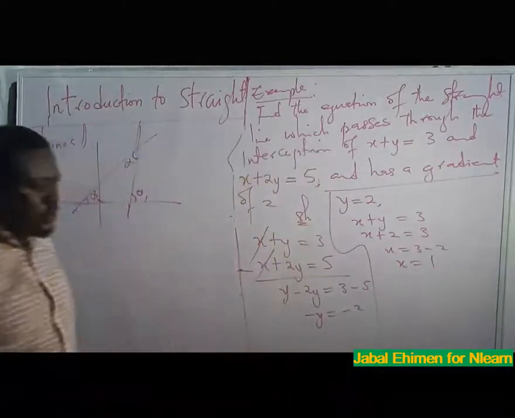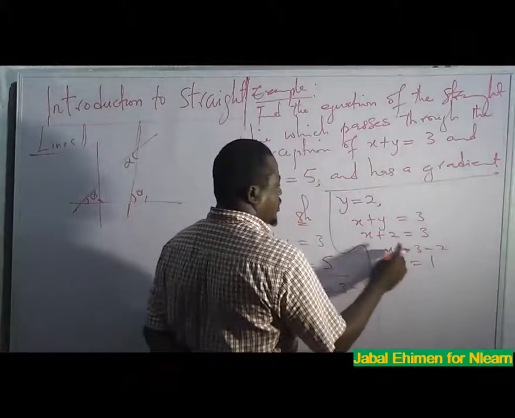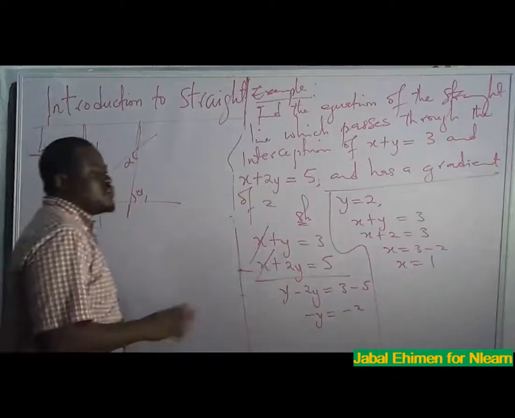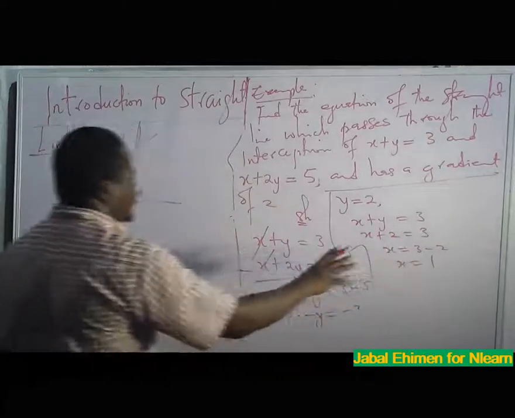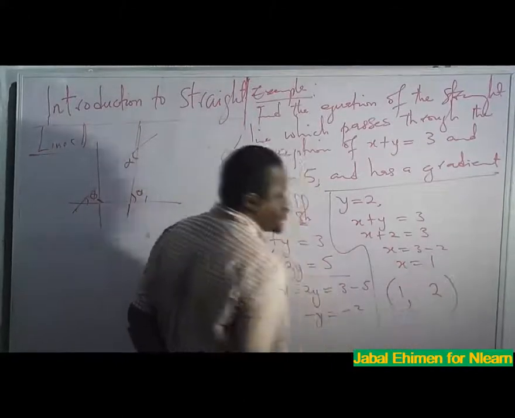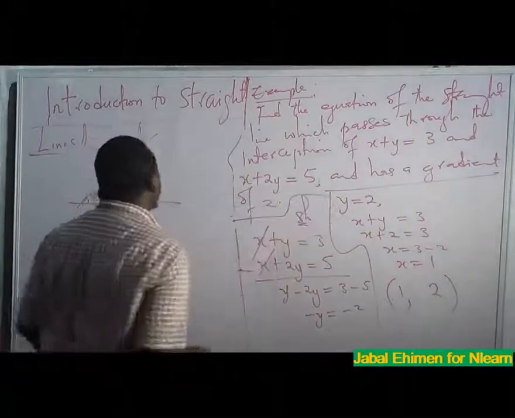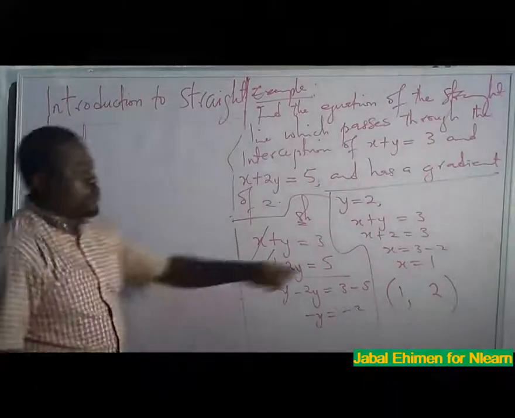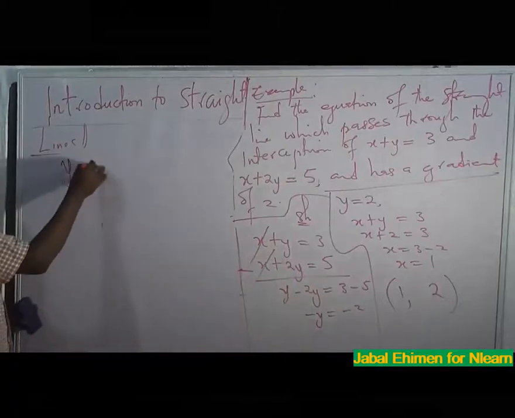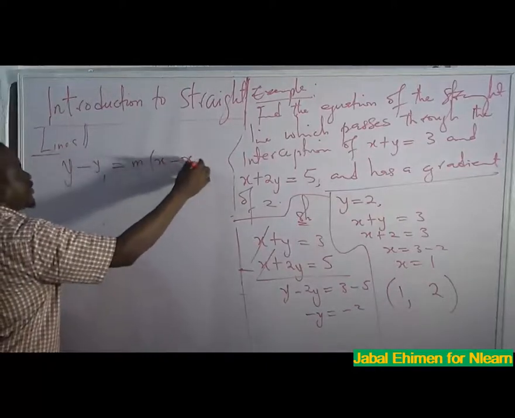So the point where they intersect is (1, 2), and it has a gradient of 2. Given a point (1, 2) and a gradient 2, which formula do we use for the equation? y minus y1 equals m(x minus x1).